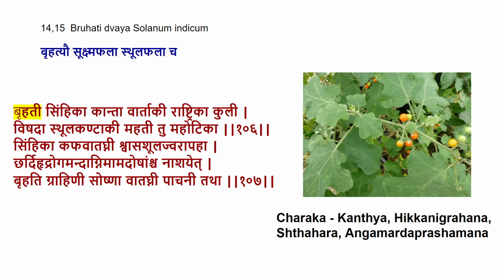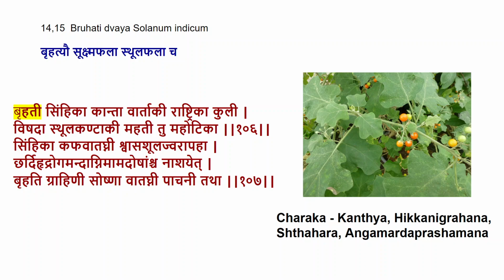Then Brihati Dvaya, the two Brihatis: Brihatyo Sukshmaphala, Sthulaphala. According to Dalhana, Brihatis are two varieties, where in one the fruits are small and in the other bigger. Now, Brihati, Simhika, Kantakarika, Vartaki, Rashtrika, Kuli, Vishada, Sthulakantaki, Mahati cha, Mahotika, Simhika, Kaphavatagni, Shwasa, Shula, Jwarapaha. Now, according to Nighantu, there is not much of a difference in that Brihati.